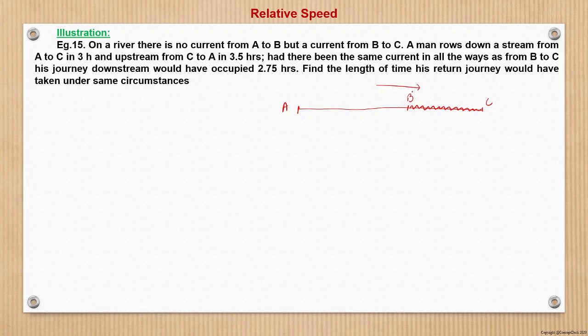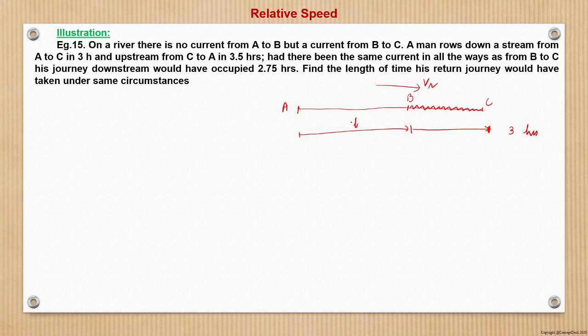So it means that the river is flowing in this direction at a speed of say VR. So a man rows down a stream from A to C in 3 hours. So it means that the man is going from here to here, then again from here to here, in 3 hours.